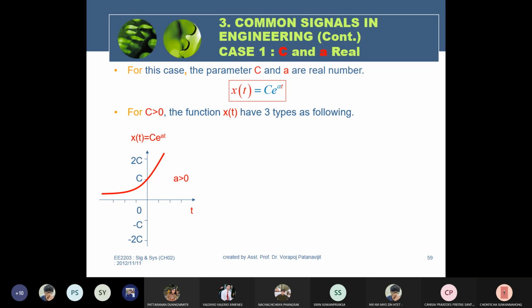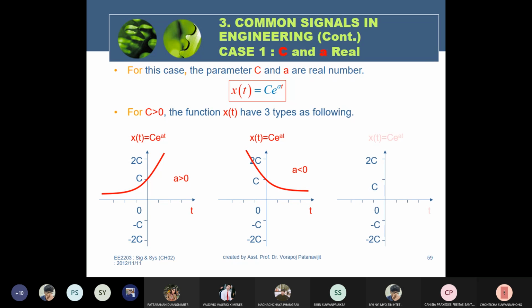The next one is if A equals 0. Anything to the power 0 gives you 1, or a constant.